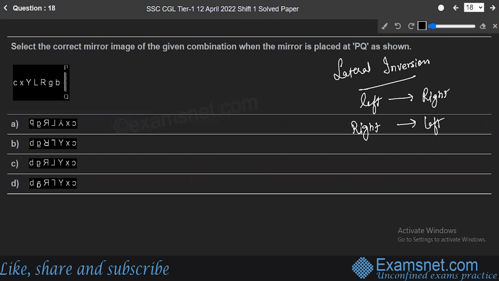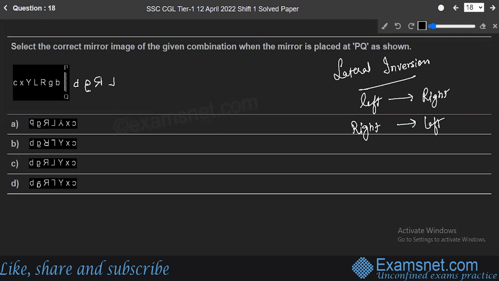Now this B, if I'm seeing the mirror image of B, this will be something like this, right? And then you have this G. If I'm seeing this G, this will have the mirror image like this. R will have this.